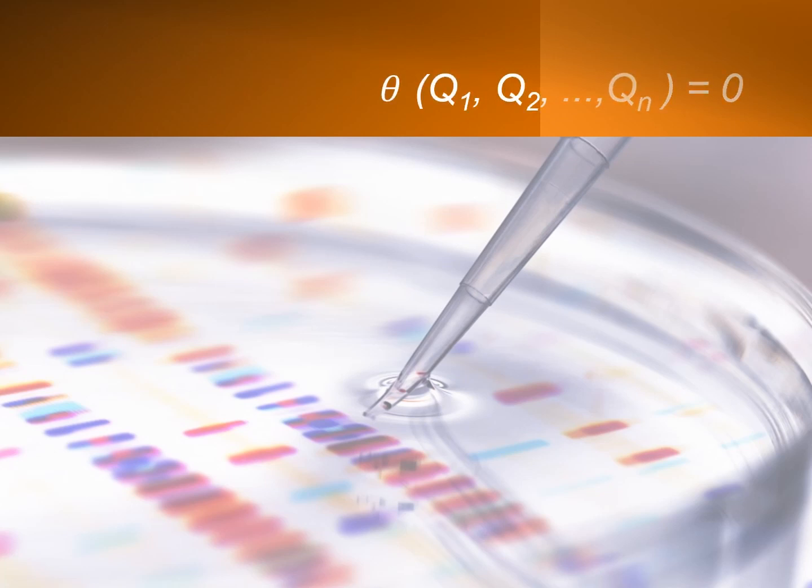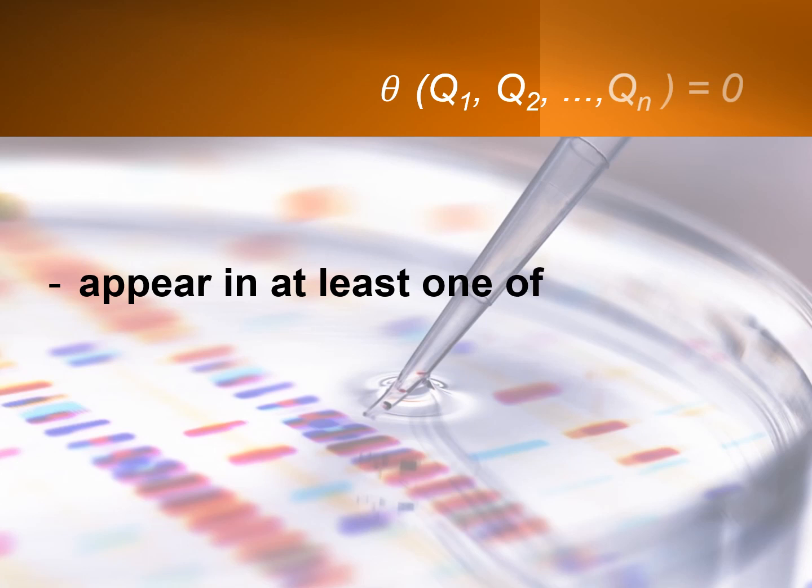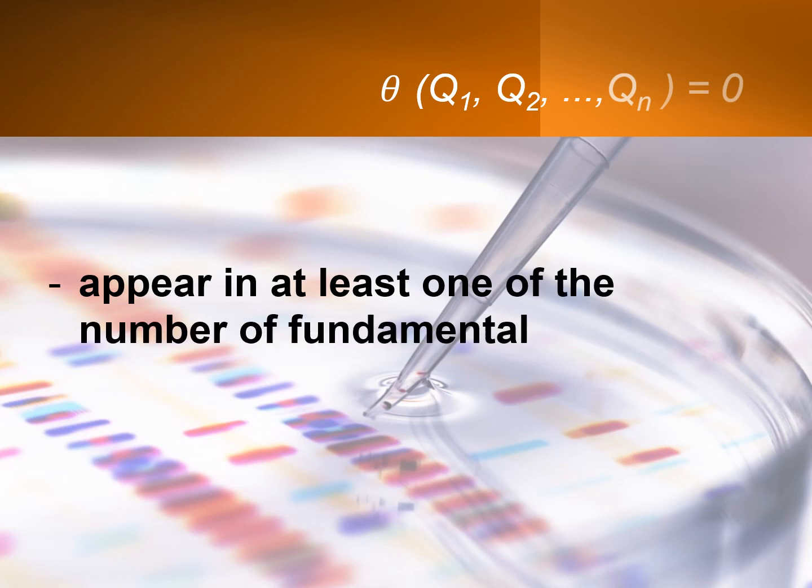The method involves choosing a number of the original variables to form what is called a recurring set. Any set of variables may be chosen with the following two provisions: number one, each of the fundamentals must appear in at least one of the n variables.